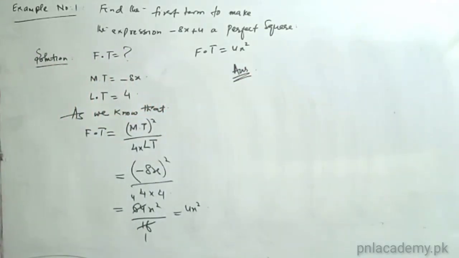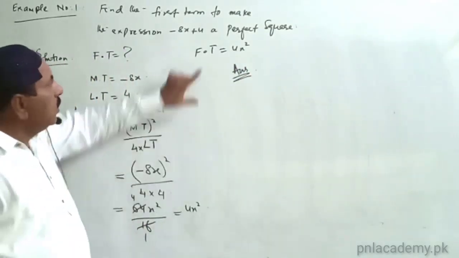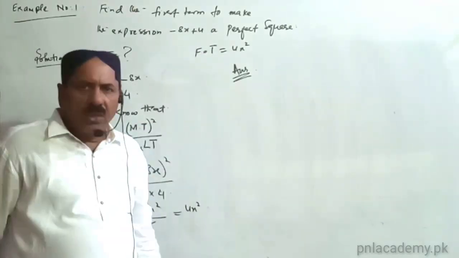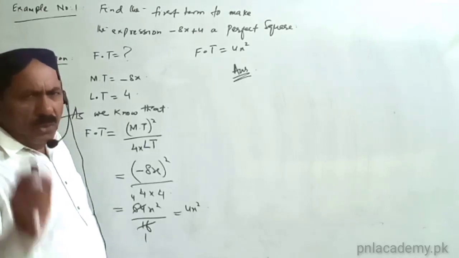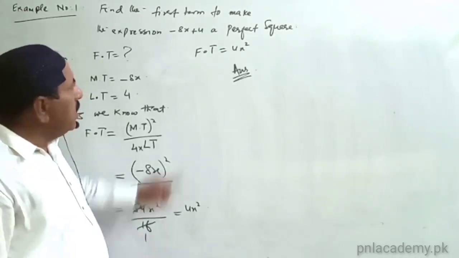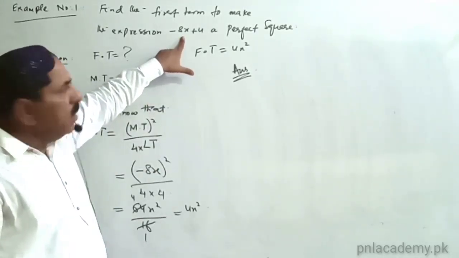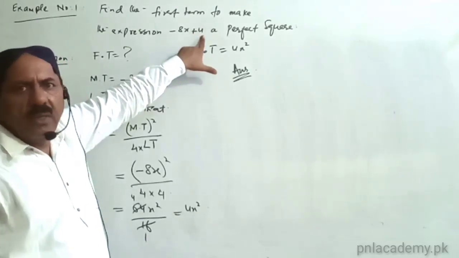So if this is an MCQ, how can we find out the first term? You should have a little bit of knowledge that the middle term is given and the last term is given.